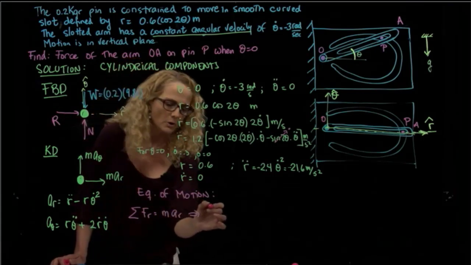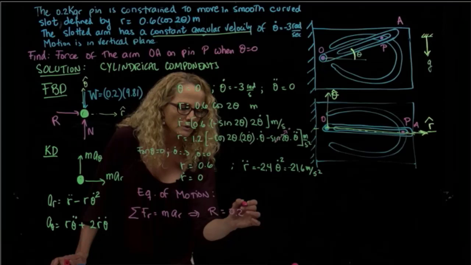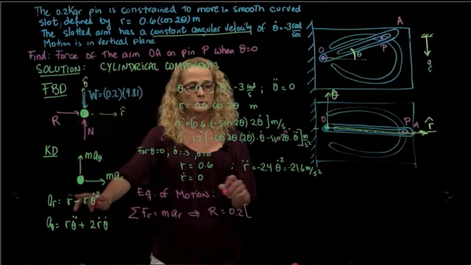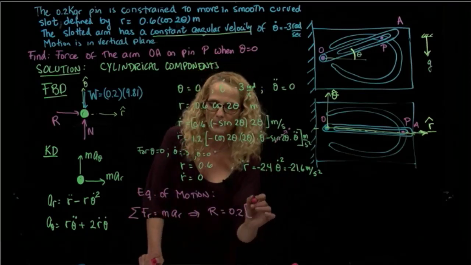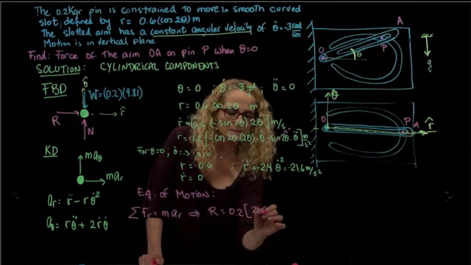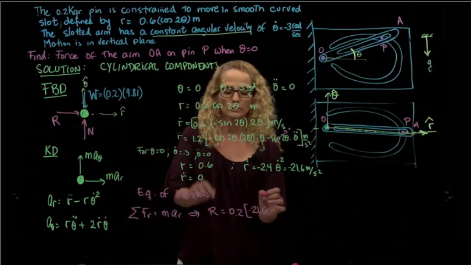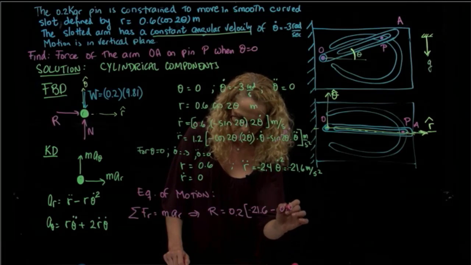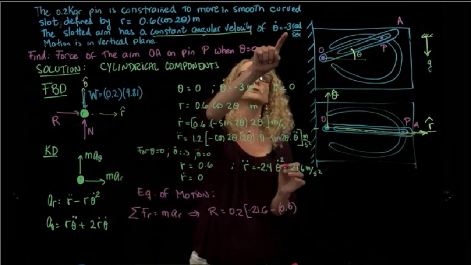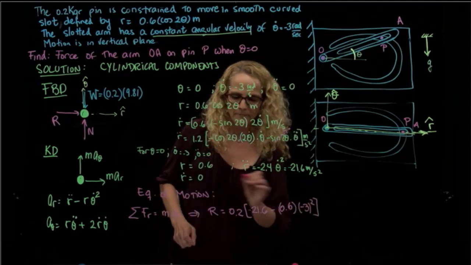Only R. So R will be equal to 0.2 times a_r. a_r is r double dot, which is -21.6, minus 0.6 times θ dot squared, where θ dot squared is (-3) squared.